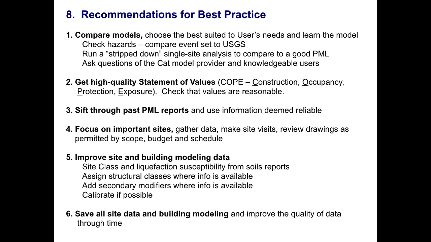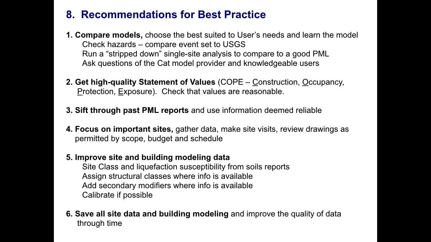Check the hazards, compare the event set and its hazards to the United States Geological Survey and the National Seismic Hazard Mapping Project. You can run a stripped down single site analysis and compare to good PML. You can ask questions of the CAT model provider and knowledgeable users and make an informed choice of models.